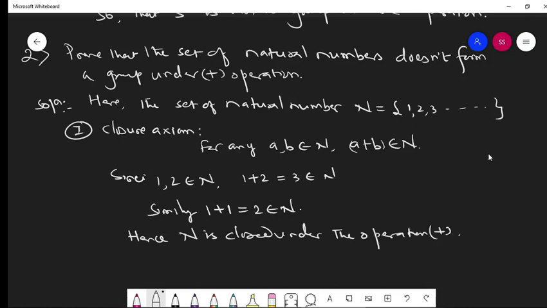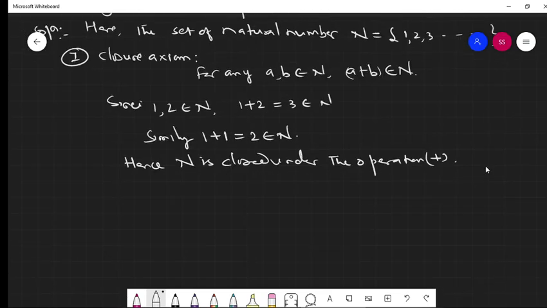In general, the sum of any two natural numbers is a natural number. That's why the closure axiom is satisfied under the operation plus.